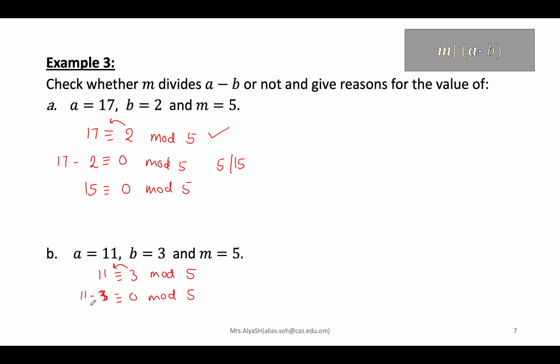And 11 minus 3 equals 8. Unfortunately, 8 is not congruent to 0 mod 5 because 5 does not divide 8. Therefore, the relation is not there.